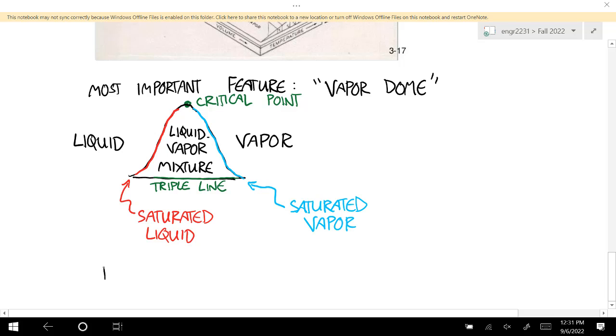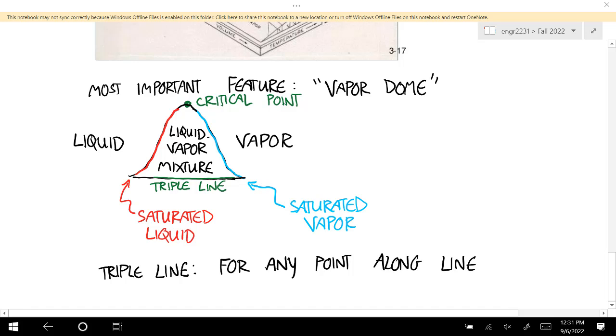So first, the triple line. For any point along that line, the solid, liquid, and vapor states exist in equilibrium.